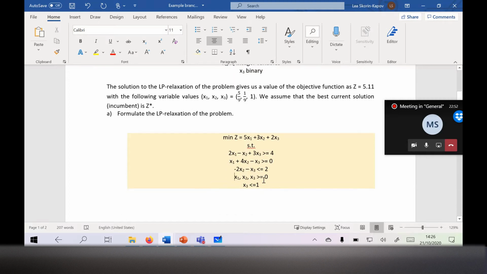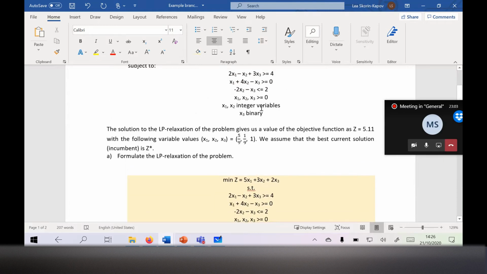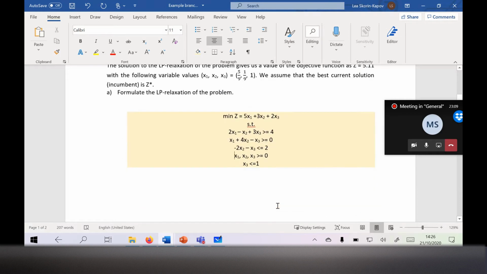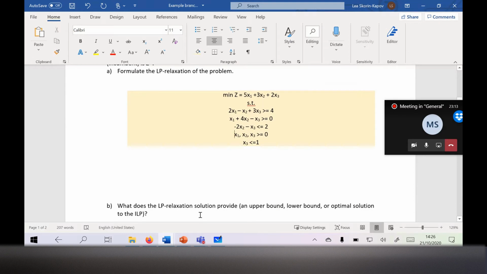All right, so if we say formulate the LP relaxation of the problem, we have the same objective function. The constraints are the same, except the fact that we now relaxed this integer constraint, right? And we have this binary variable, so we also say that it's greater than or equal to 0, less than or equal to 1. Okay, what does the LP relaxation solution provide? We all went through this last time also. Is it an upper bound, a lower bound, or an optimal solution to the integer linear program? In this concrete case.